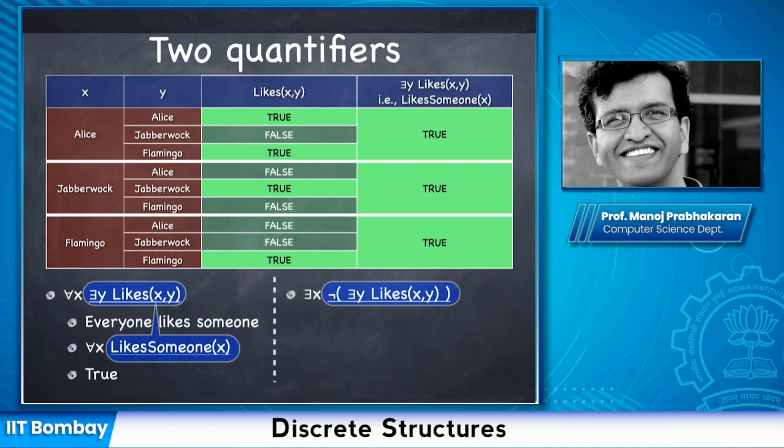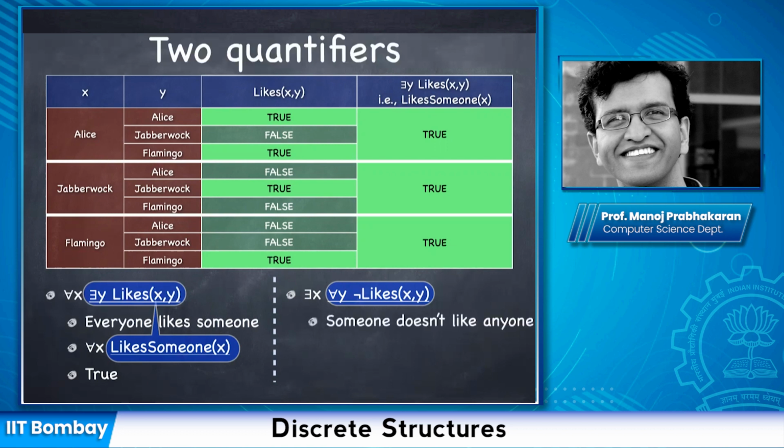So for all will get reflected to there exists x, and it will get reflected to there exists x, negation of whatever is here, right? So the negation of there exists y such that x likes y, which you can simplify again by applying the same kind of reflection. So when you invert it, it becomes for all y, x does not like y, right?